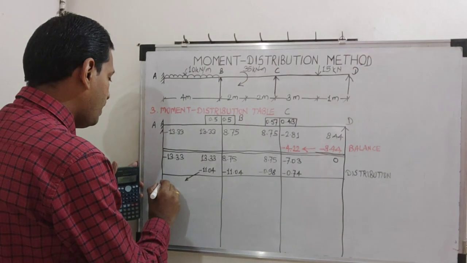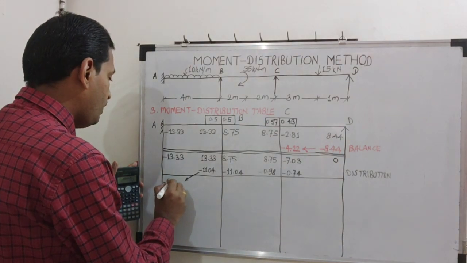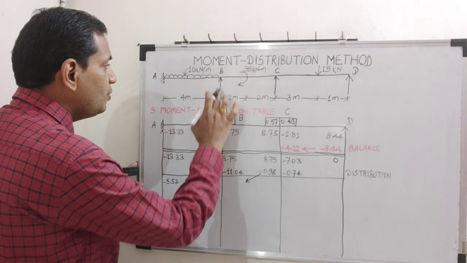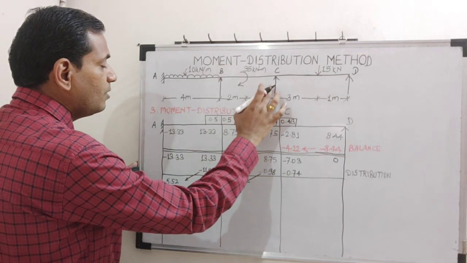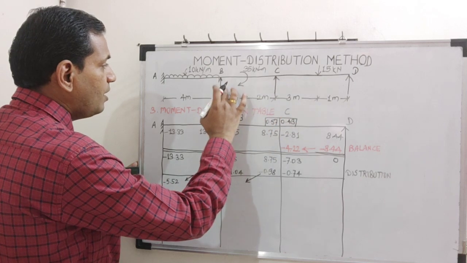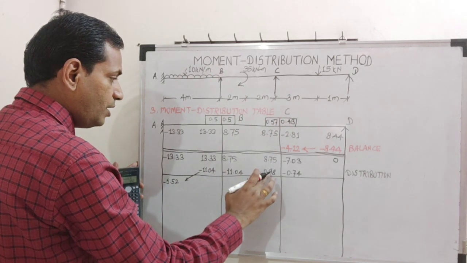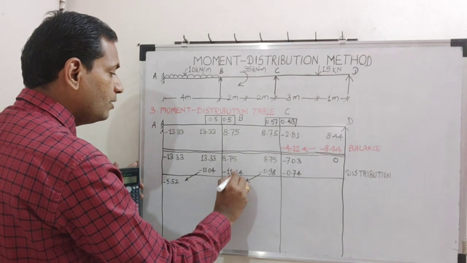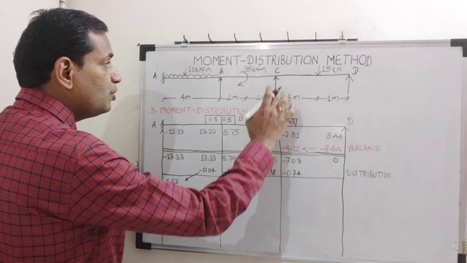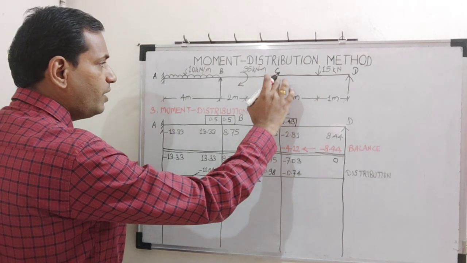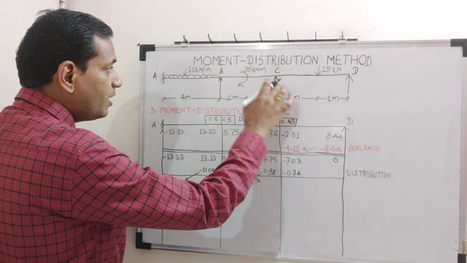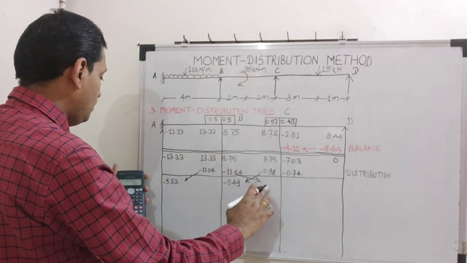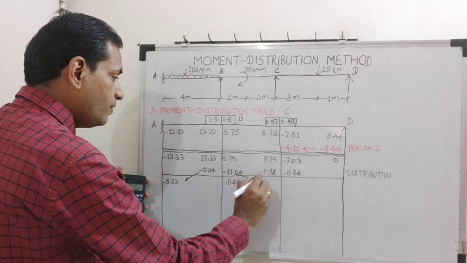Minus 5.52. We have to take along with the sign, please remember. Here also this is intermediate joint fixed. For this joint this is far end which is fixed, so its half value will be carried over here, minus 0.49. Here also same. This is also intermediate joint which is assumed as fixed. It is far end for this joint, so its half value will be taken here. So minus 5.52.